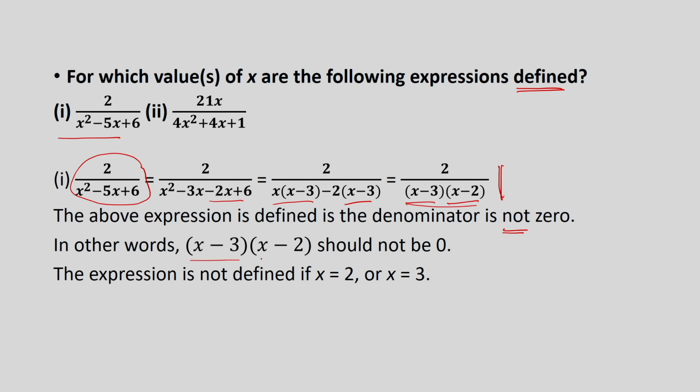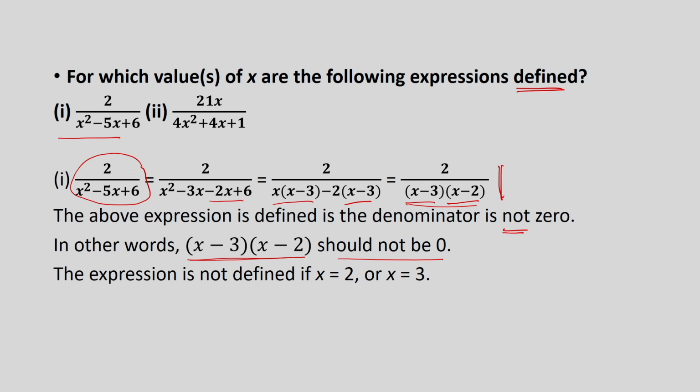Now, the denominator is x minus 3 multiplied by x minus 2, and that cannot be equal to 0, right. Now, when is this expression, x minus 3 multiplied by x minus 2, equal to 0? There are two cases when it can be equal to 0.